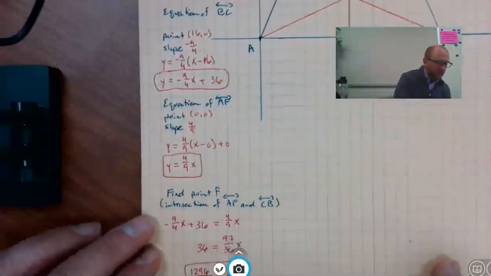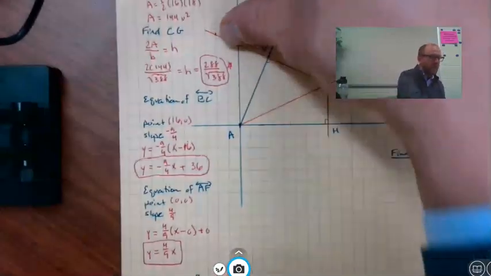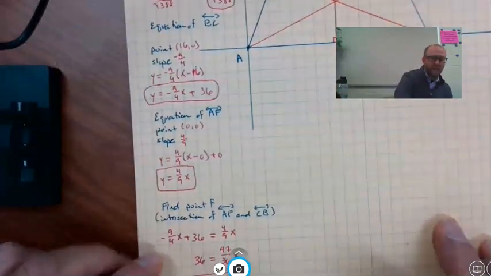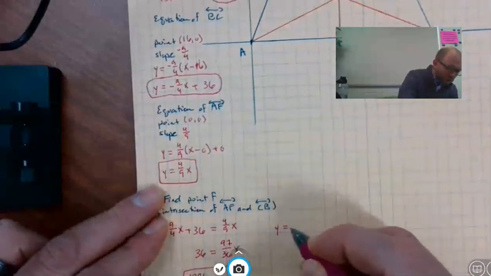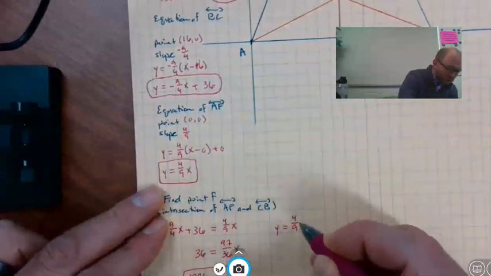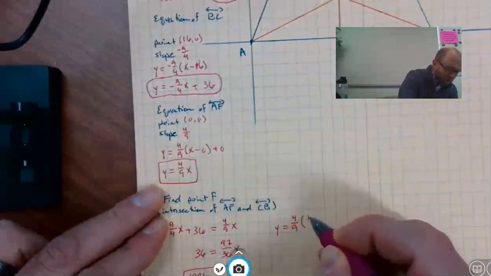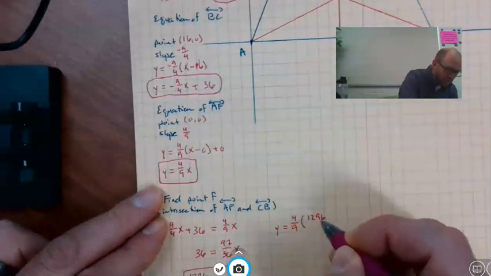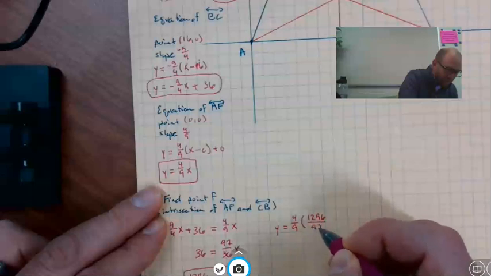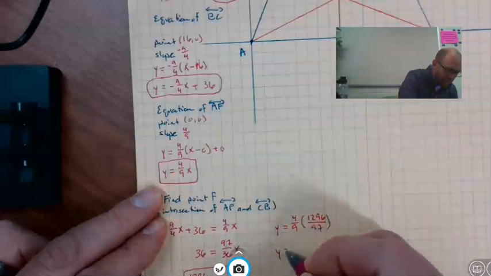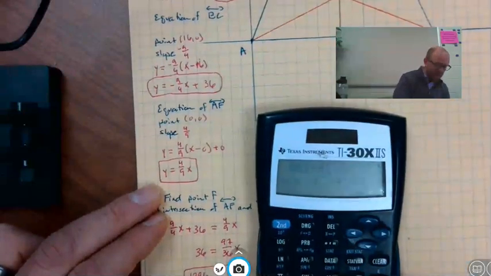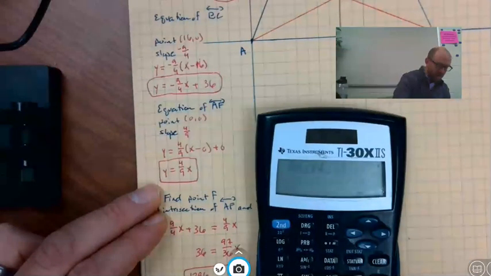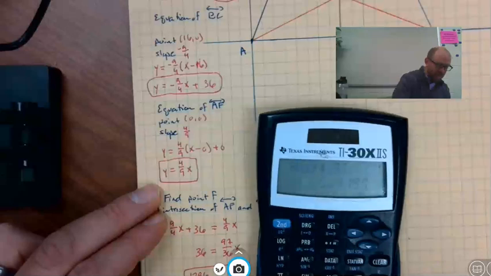Okay. Now we found the x-coordinate. Now we need to find the y-coordinate by plugging it into one of the equations. I think this one looks a little easier. So y equals 4/9 times 1296 over 97. Again, I'm going to go to the calculator. There's that number, times 4/9.